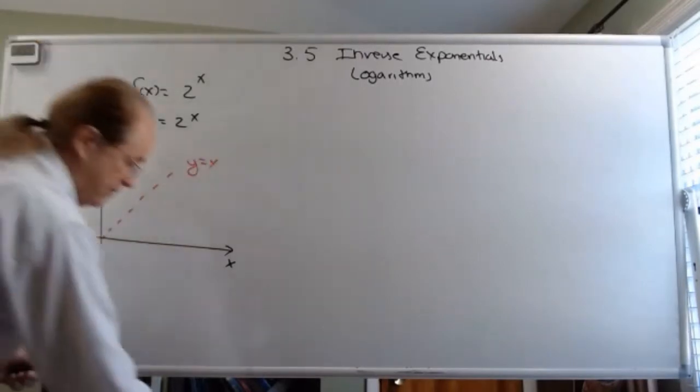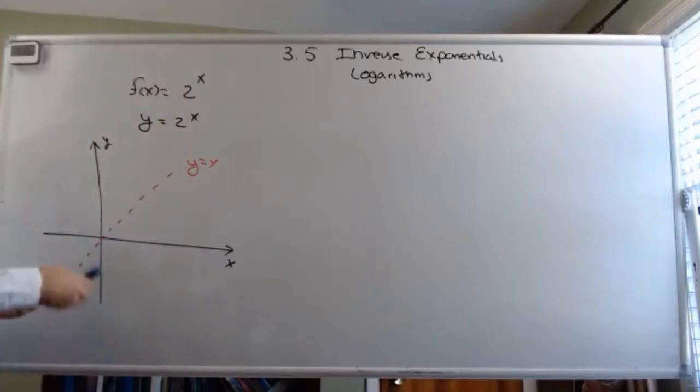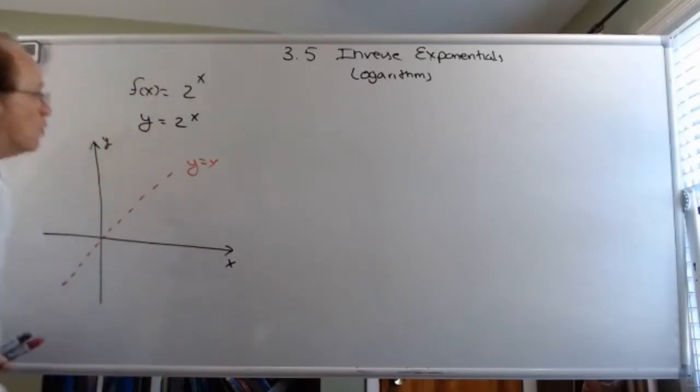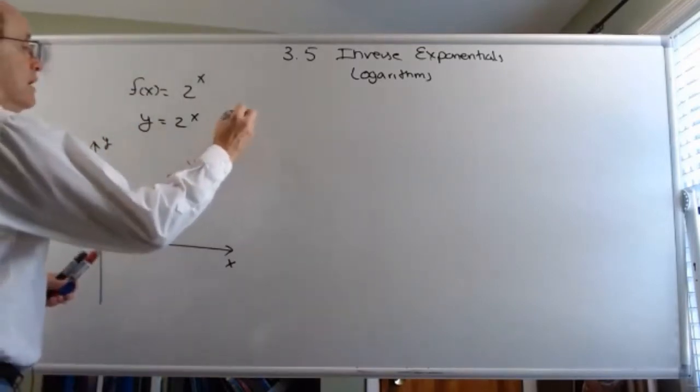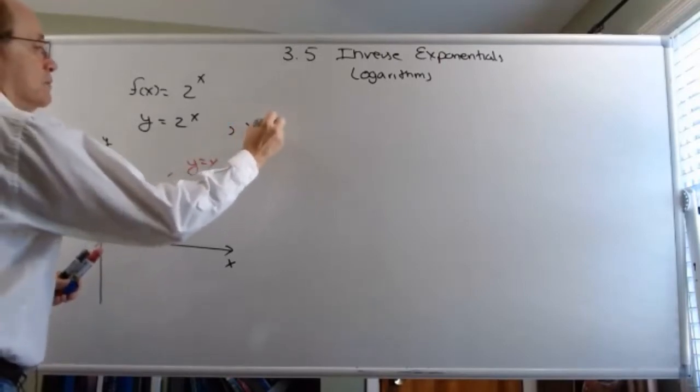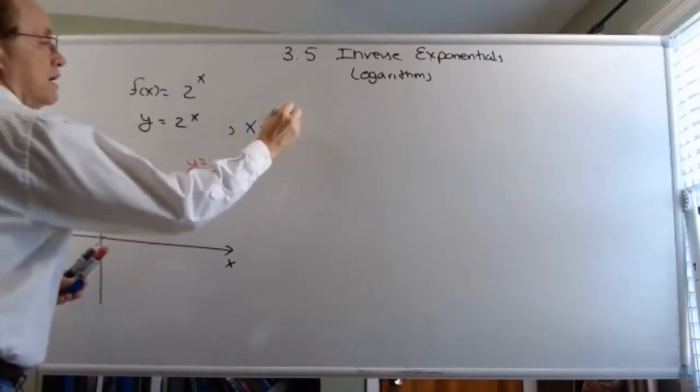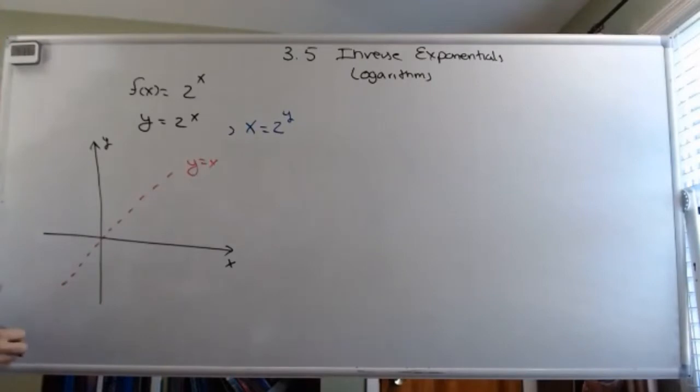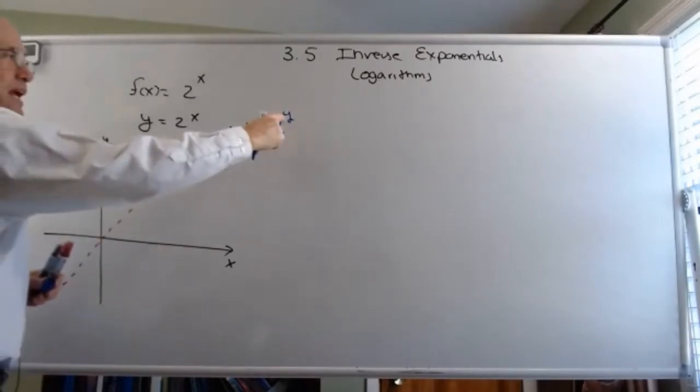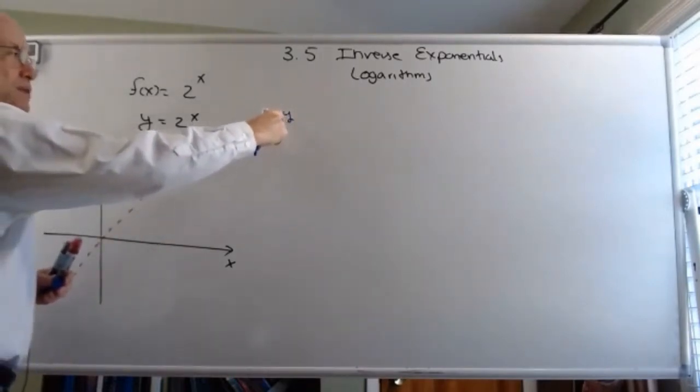And the inverse function is, I swap the x and the y coordinates. So this becomes x is equal to 2 to the y. That new function there is my inverse function.